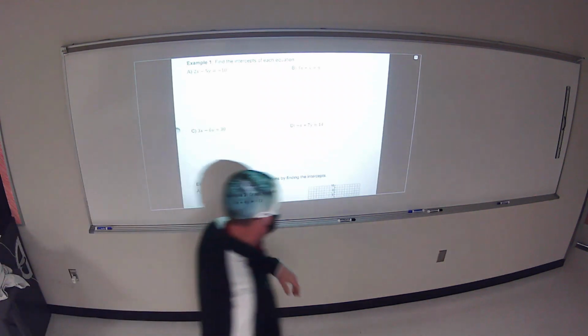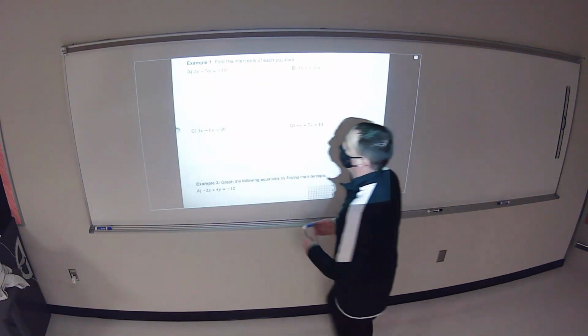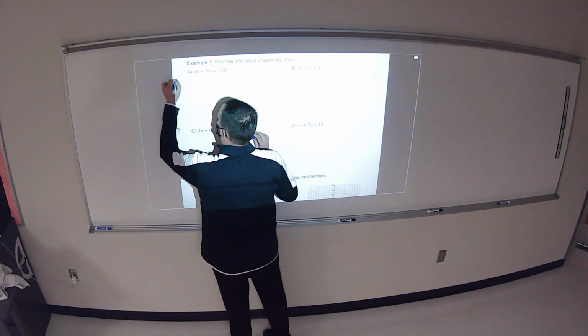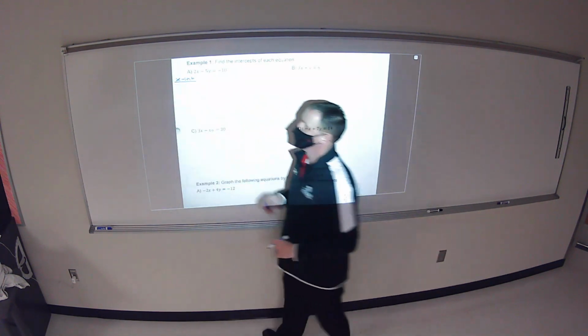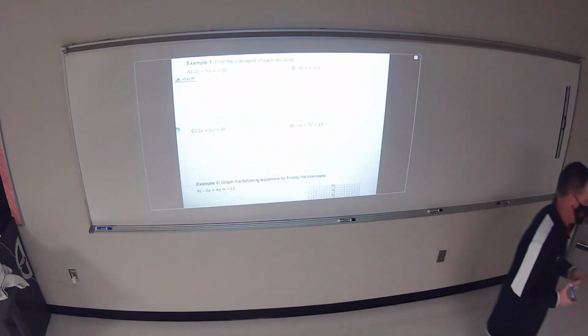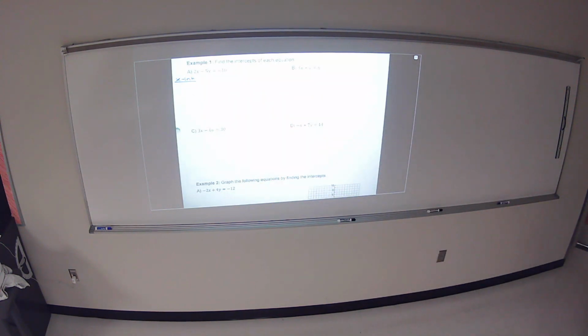Alright? So, the first thing we're going to begin by doing is find your x-intercept. Okay? Now you might say, how do I find an x-intercept? Well, you got to know where they're at and what it means in order to find an x-intercept. So if I'm looking for my x-intercept, we said we're looking for the x-coordinate of where it crosses the x-axis.